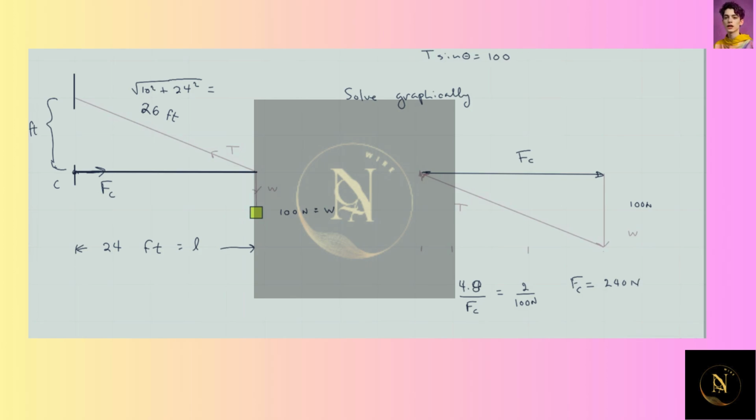Okay, now the tension, we would have to measure along the diagonal. This is where my thing is a little bit unreliable. But basically, it is about 200, let's see. Yeah, I don't have a very good ruler here.